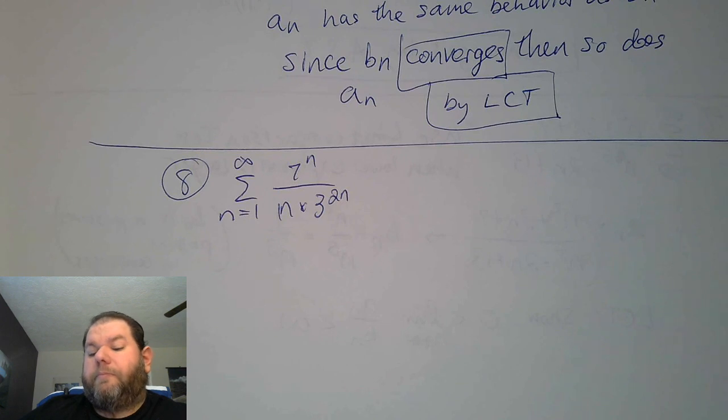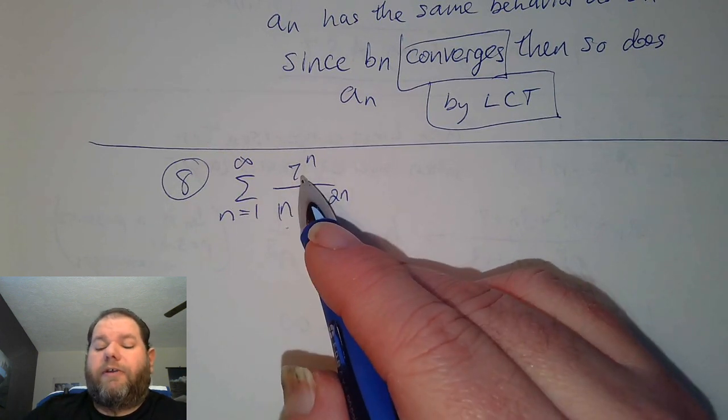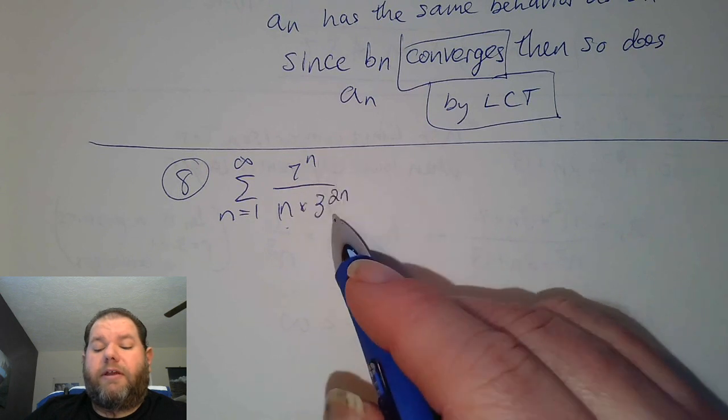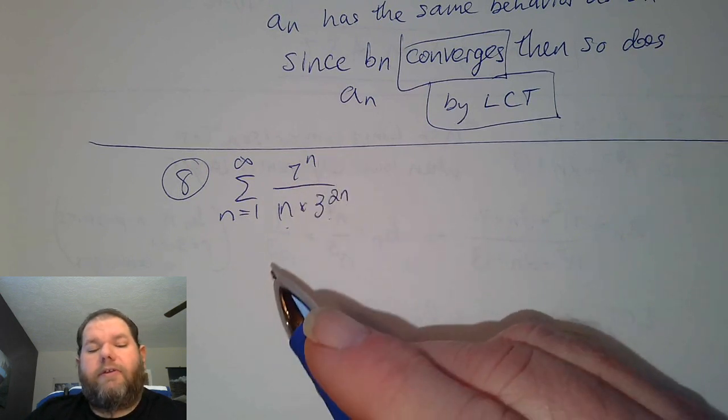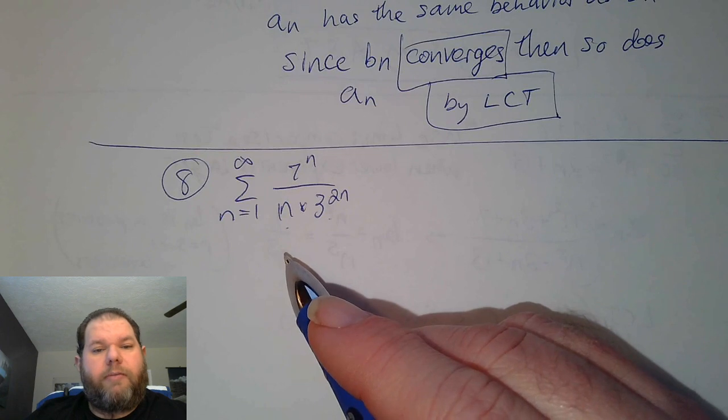Now, whenever we see a mixture of different terms like this, where we have a polynomial term n, and we have exponential terms 7 to the n and 3 to the 2n, this is always a ratio test problem that we have to use.